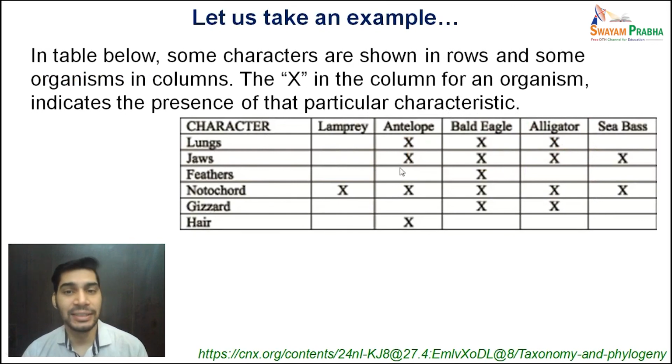The X in different columns represents the presence of that particular character in that particular organism. So for example, lungs are present in antelope, eagle, alligator, but not in bass and lamprey and so on. So here you have the characters and here you have the organisms.